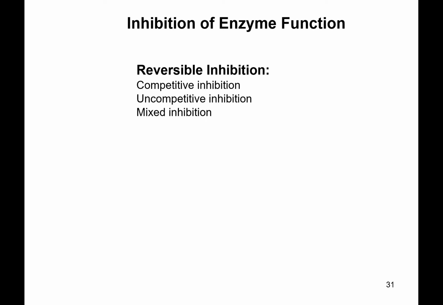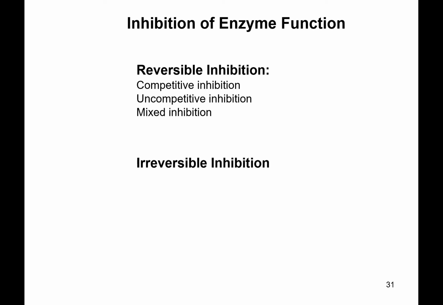That's where the inhibitor competes for the active site with the substrate. The second is uncompetitive inhibition. That's where the inhibitor sort of competes with the enzyme substrate complex. And finally, mixed inhibition. So those are reversible types of inhibition.